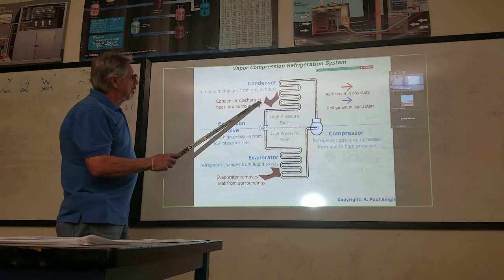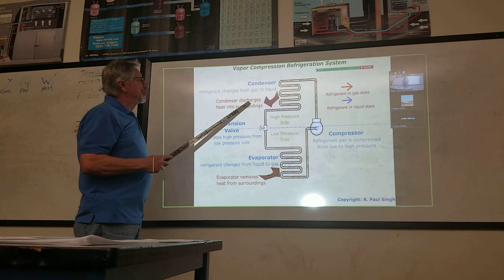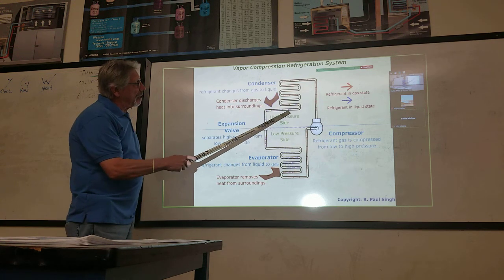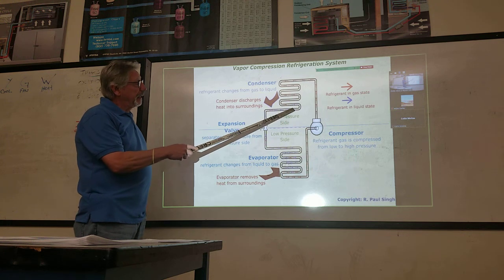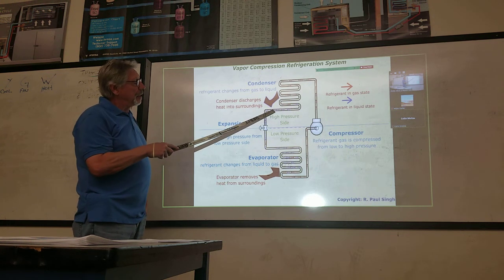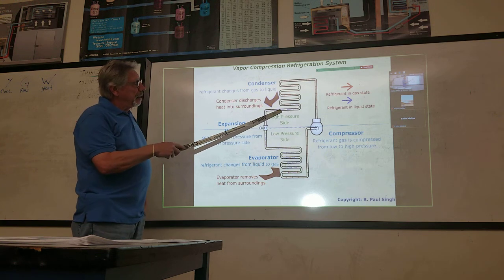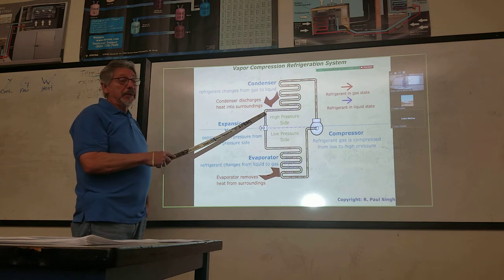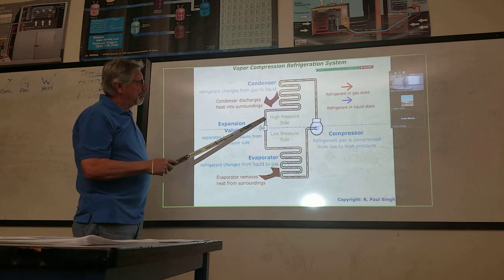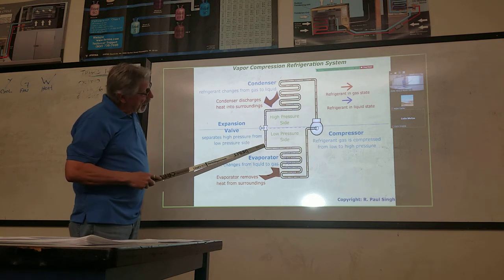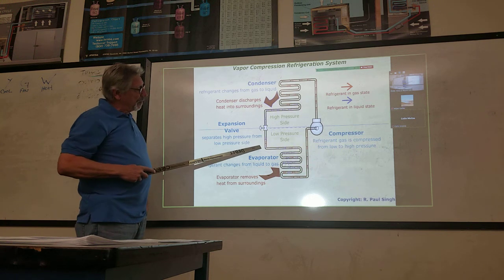The condenser discharges its heat into the surrounding air. As it does that, it starts to become liquid, and when it's 100% liquid, probably right here, it becomes subcooled. Then it hits that metering device and comes out as a mixture.